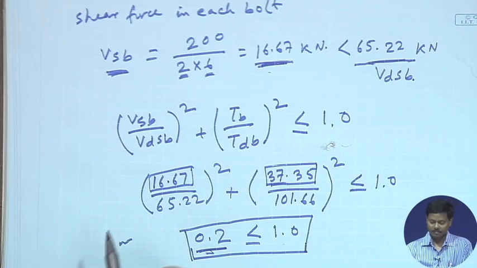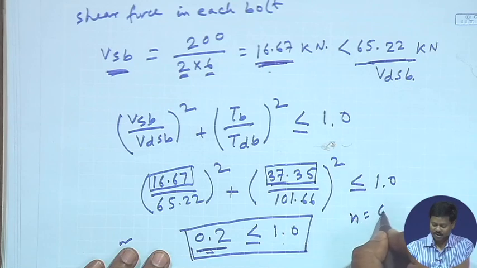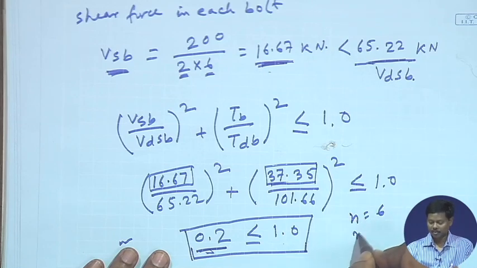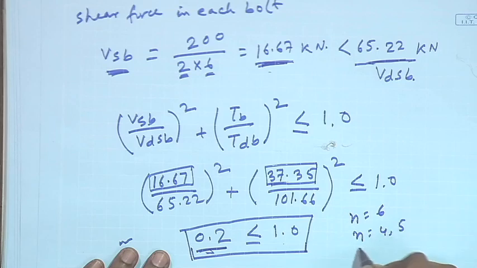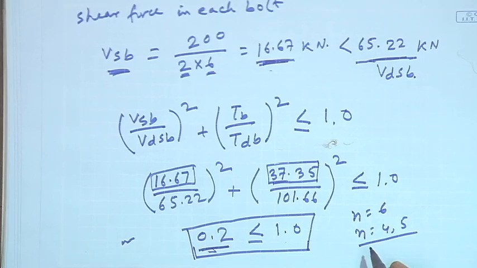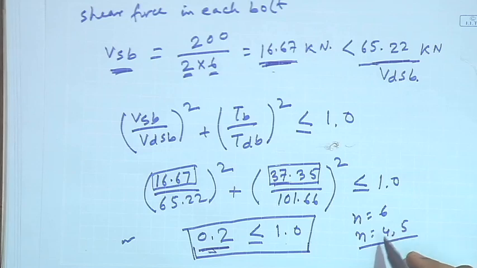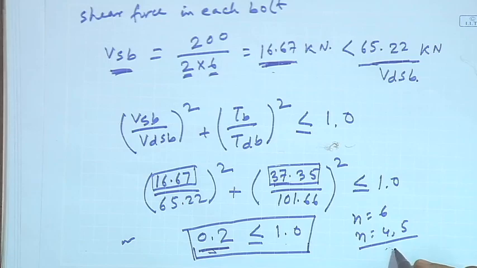That means, maybe it is over designed. So, in place of 6 bolts, we can come to 4 or 5 bolts and check. To make economy in the design, we can decrease the number of bolts and check once again, or the diameter of the bolt also can be decreased. If we decrease the diameter of the bolt, then strength capacity also will be reduced, and then we can check.